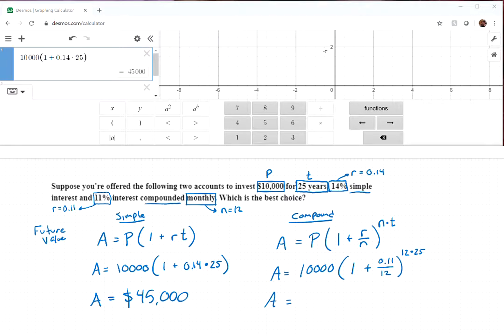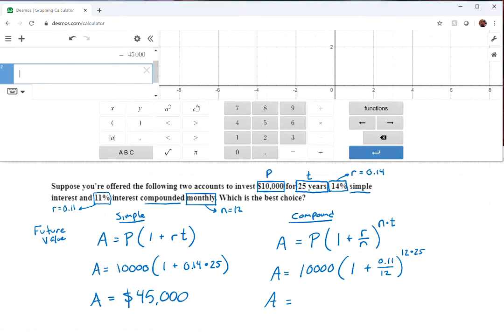Okay, so let's come up here again to Desmos. And again, we'll just type this in exactly as we have it written. 10,000 parentheses 1 plus 0.11 over 12, close the parenthesis, and this is the exponent, so raised to the power.